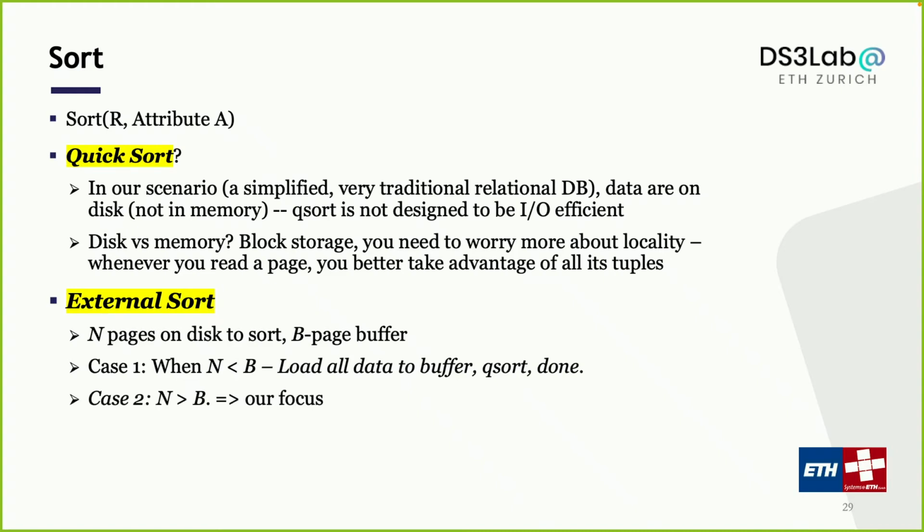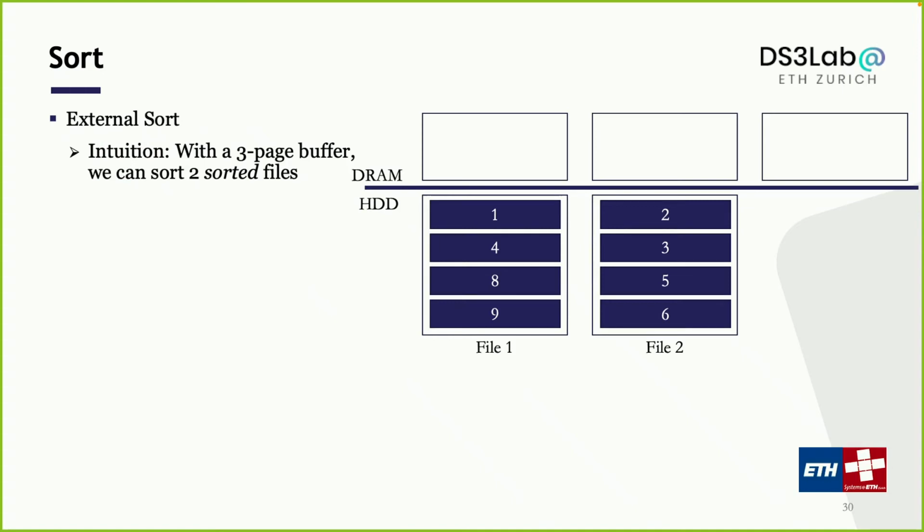We are actually interested in the second case. That is, when the relation you have is much bigger than your in-memory buffer. The number of pages, n, is larger than the number of pages in your buffer. So what should we do? The intuition is actually pretty clear.